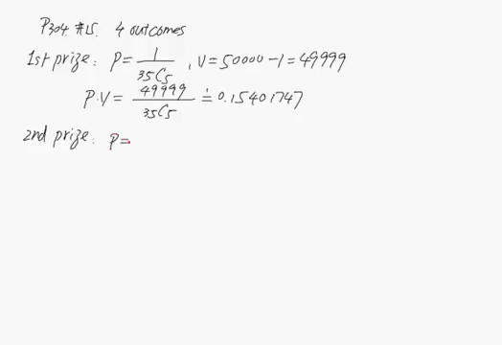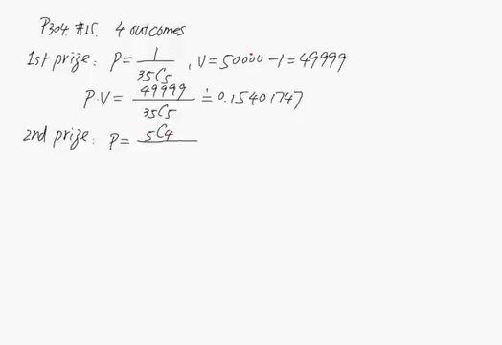So the probability of second prize, you know, in the second prize, we have the 4 winning numbers and 1 non-winning number, right? So we need to select those 4 winning numbers out of the 5 winning numbers. The number of the ways for selecting these 4 winning numbers is equal to 5C4.